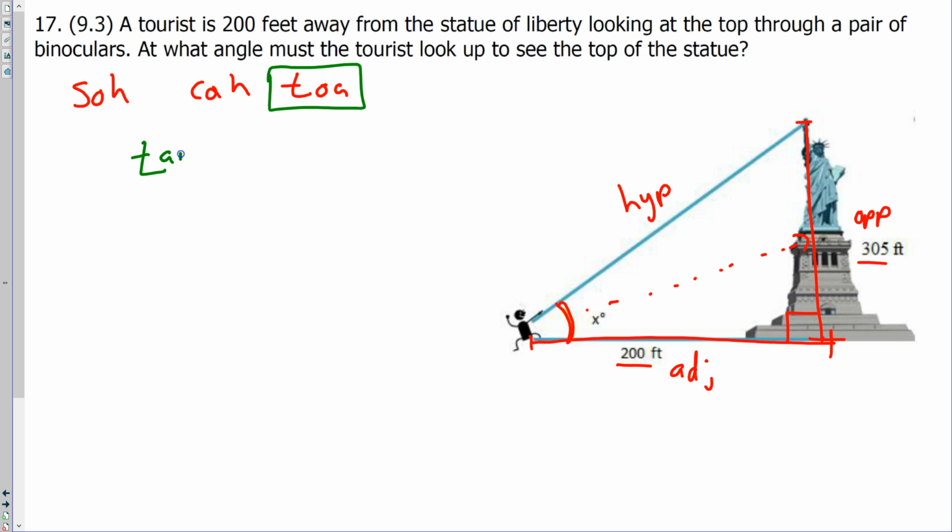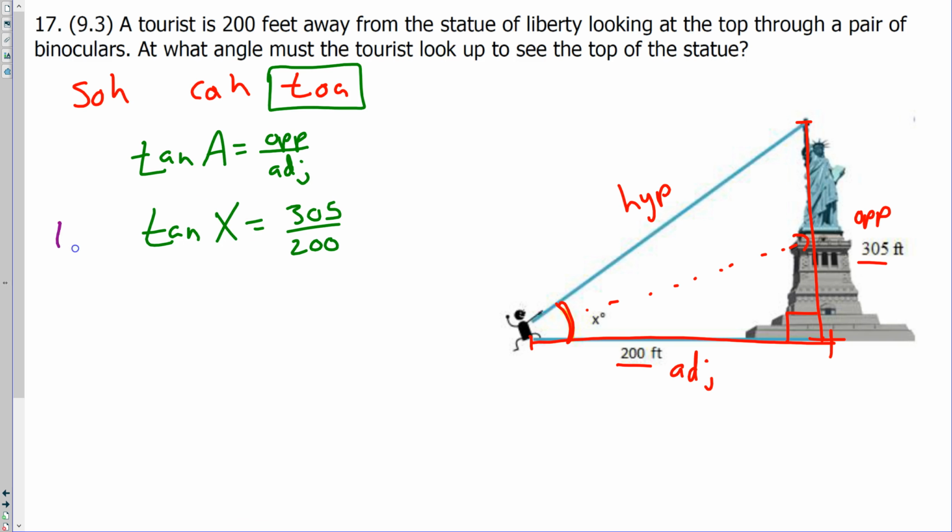So TOA helps us with the setup. Tangent of your angle measure is the opposite side divided by the adjacent side. Now here, I don't know my angle A. That's the x for us that we need to find. The opposite side is 305. The adjacent side is 200. So this one is interesting because of where my variable is. My variable is stuck inside of tangent.